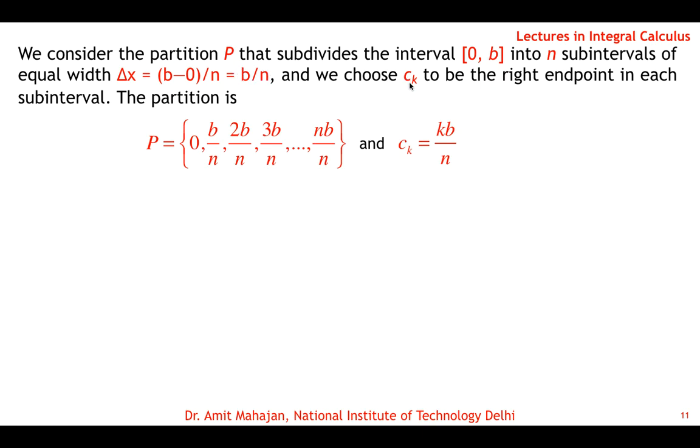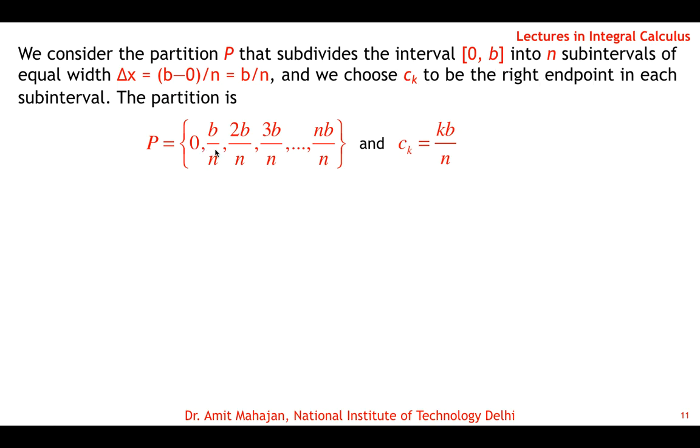We choose ck points in each subinterval as right endpoints. The partition will be 0, then b by n, 2b by n, 3b by n, and so on, up to nb by n.